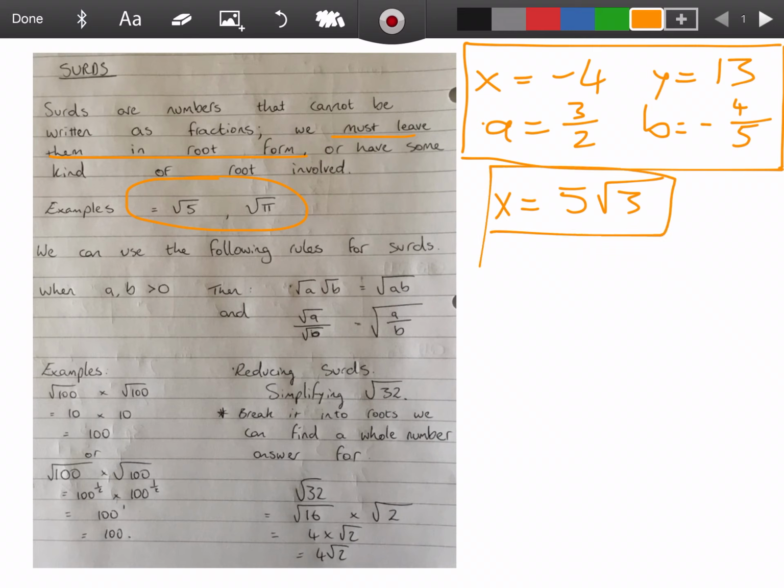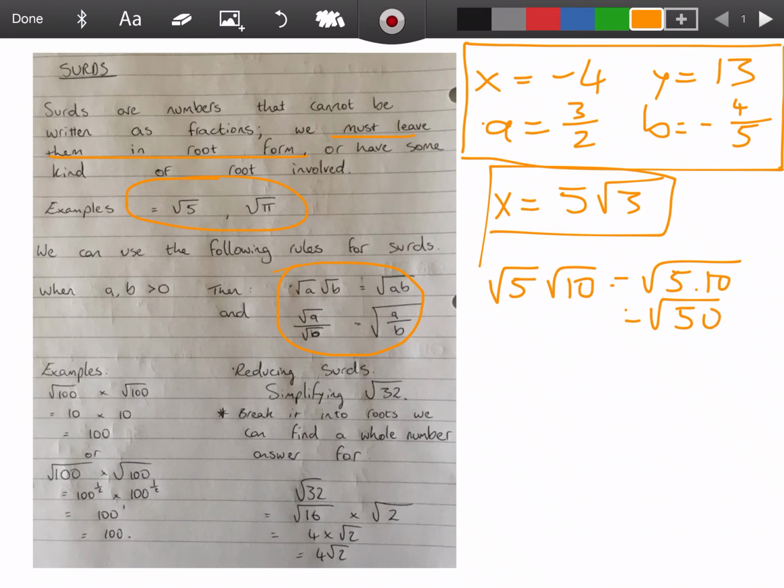A number multiplied by a root. Okay, so there's two rules there that we've mentioned that we can see, and all that's saying is if I have two square root values beside one another, so imagine that's the square root of 5 multiplied by the square root of 10, I can put them together to become the square root of 5 times 10, which would be the square root of 50.